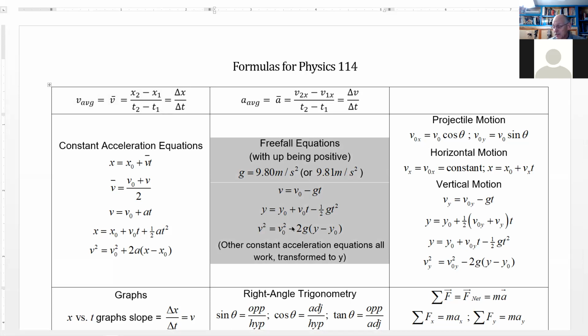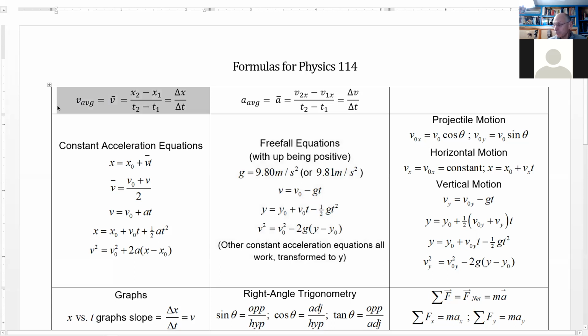That's a value that I tend to use, but it isn't going to make any difference on the problems we do. If you're within 1 part in 980 on your answer, I call that right, so we're just not going to worry about that. Anyway, that's the equation that we'll be using today.